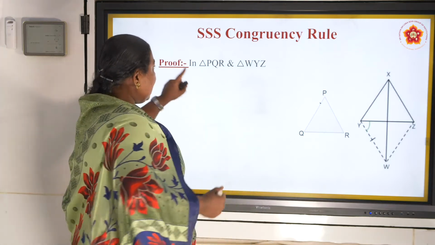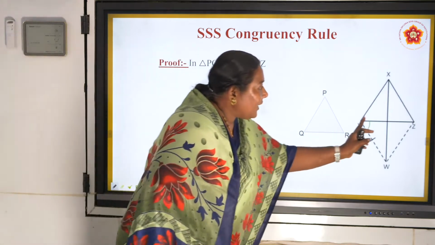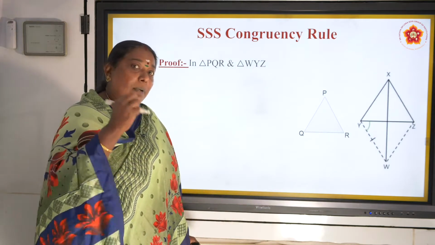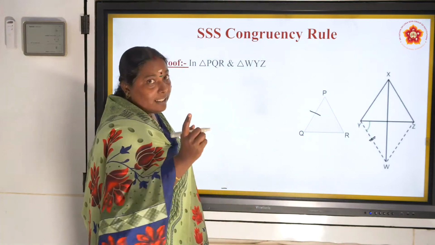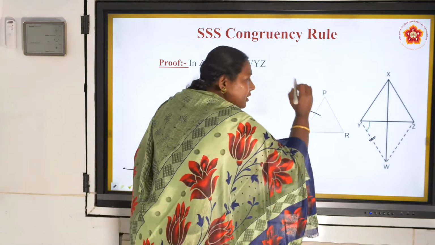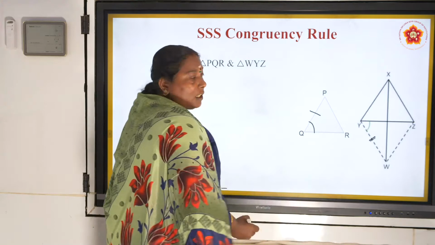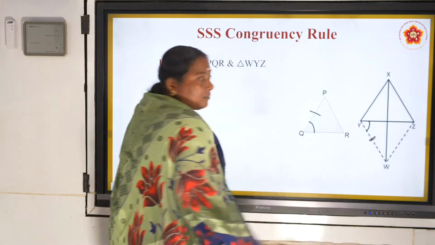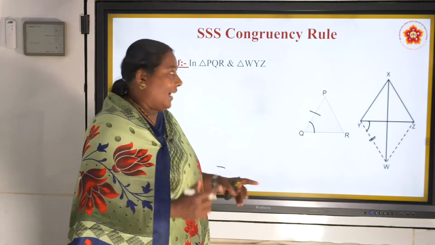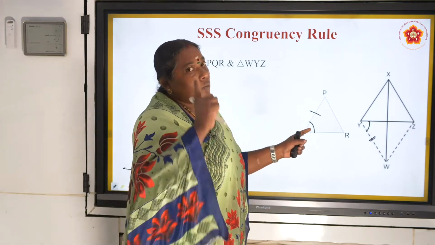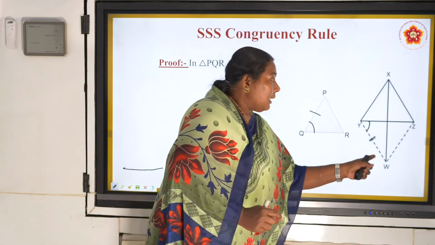So in that triangle, PQR and WYZ, as per my construction, PQ is equal to WY, right? And I have also constructed my triangle in such a way that angle Q is equal to angle Y, right? Then what is the next thing I want? I have a side, I have an angle, just one more side I need. Then I can tell that PQR is congruent to WYZ.